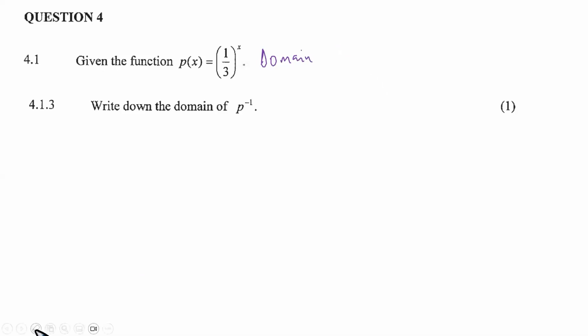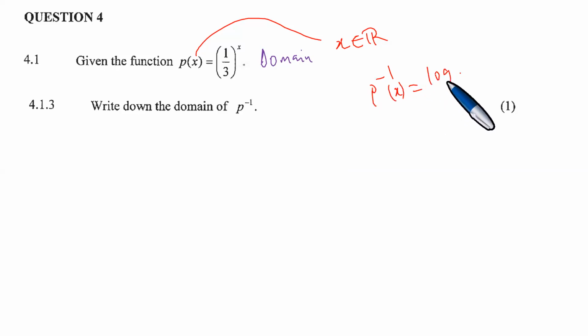But now we will focus also on the domain of the inverse function. So the domain of the P is x is in the real numbers. But you remember that the inverse function, we got it just now, was the log of x base 1/3.